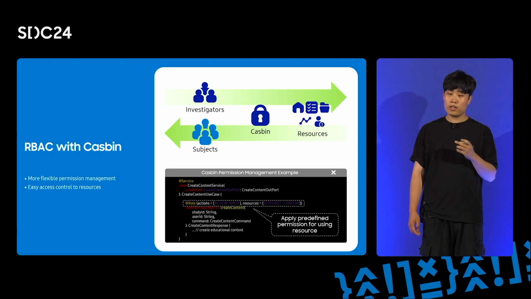Now, you can apply any policy of permission at function level flexibly. If you want to define a new service or to create a new policy, you can do it easily by just adding a simple Casbin configuration and a few lines of code. Attaching annotations to the desired functions is enough to implement the access control that you want.